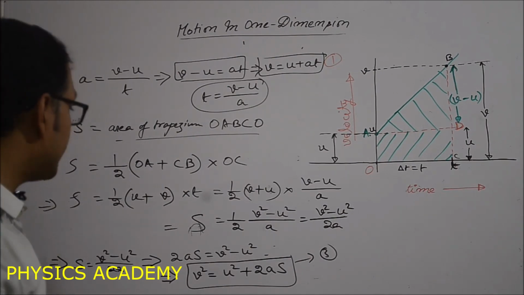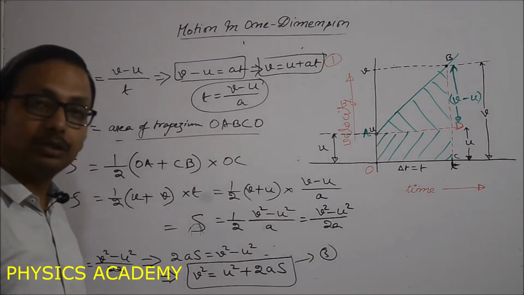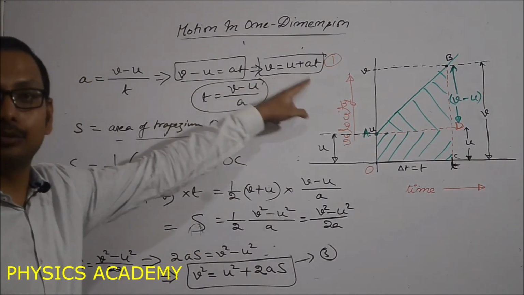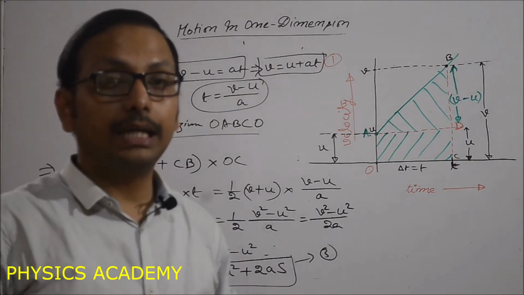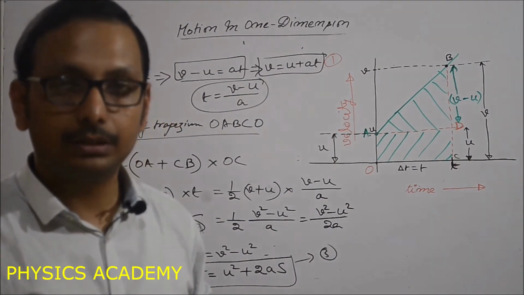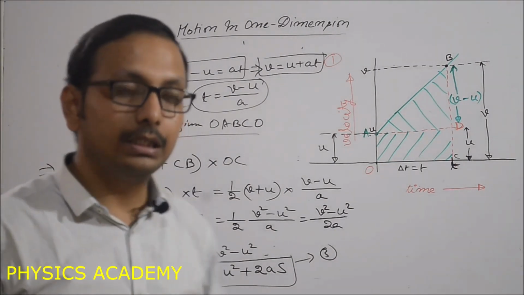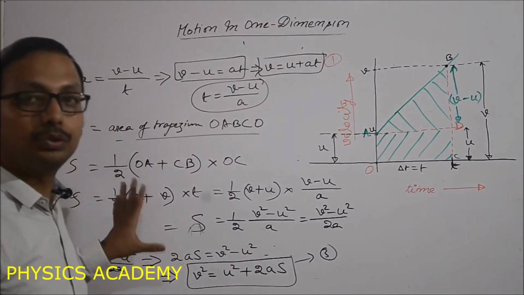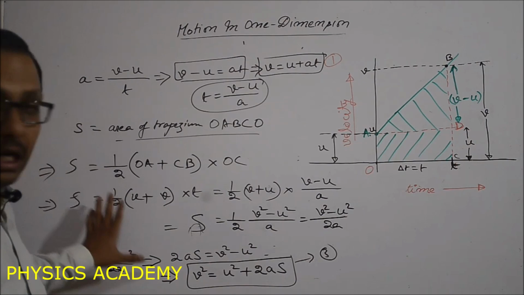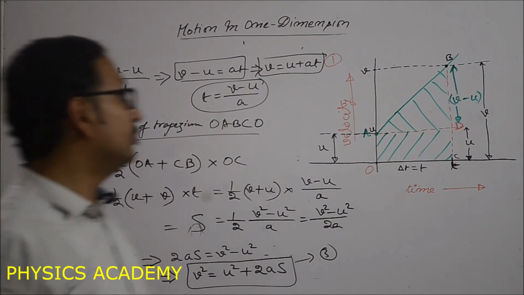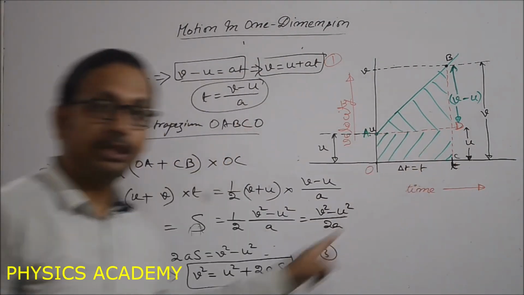So that means you can find this third equation from this one directly, by squaring both sides, if it is not mentioned that you need to find it graphically. If you are asked to find it graphically, you need to start from here; there is no other way.